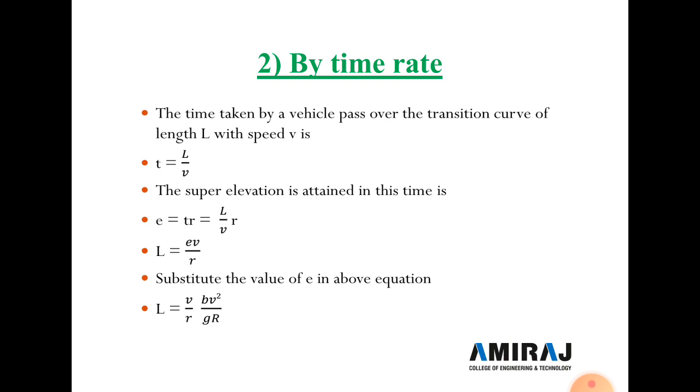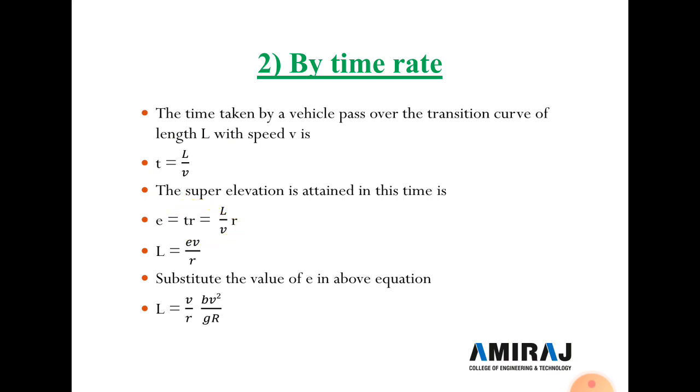Now next is by rate of time. The time taken by the vehicle to pass over the transition curve of length L with a speed of velocity V is T equal to L divided by V, where L is the length and V is the speed of the vehicle. Now the super elevation attained in this time is E equal to T r. Clear?